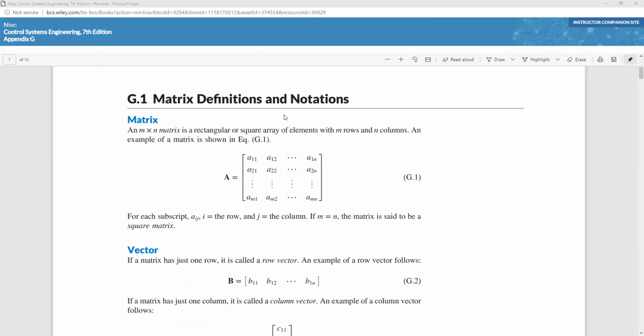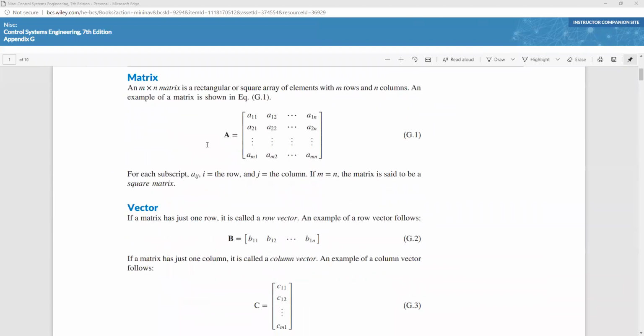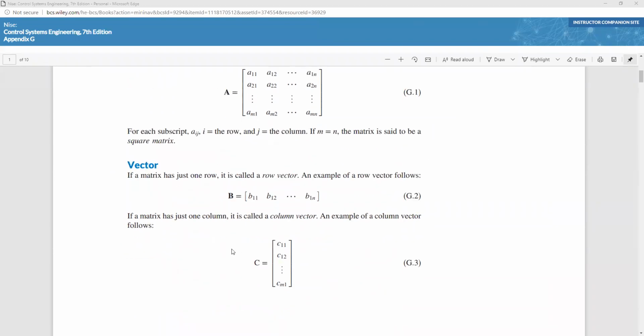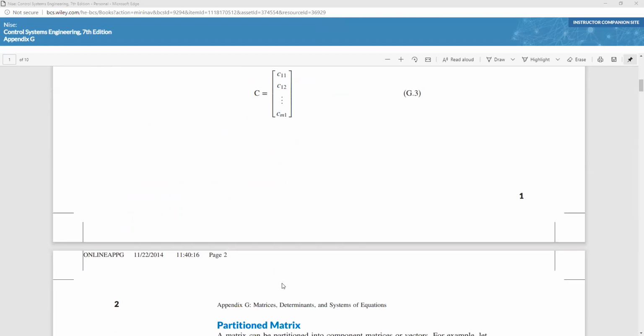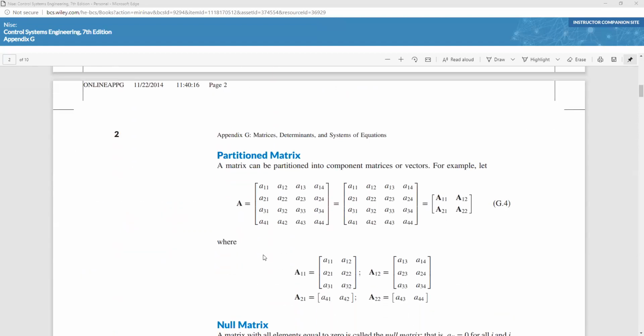Okay, matrix definitions and notations. See, you know the matrix, right? That is the matrix, and you know the vector. If a matrix has just one row, it is called a row vector. If a matrix just has one column, it is called a column vector. Now partition matrix.